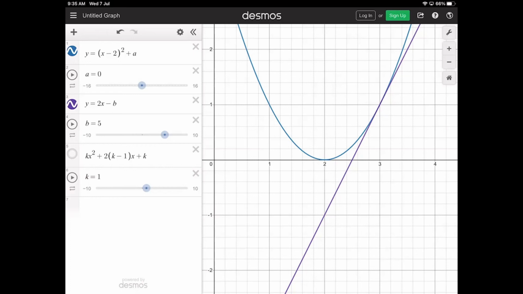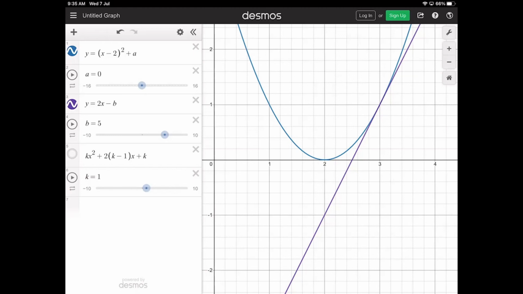And I want you to tell me for what values of b, because now we're looking at the straight line, and you'll notice I have a variable in the straight line as well. And this time I say, well, for what values of b will I have 2 distinct points of intersection, 1 point of intersection, in other words, a tangent, or alternatively, no points of intersection.